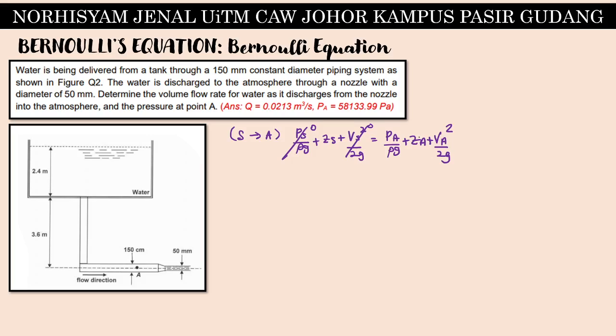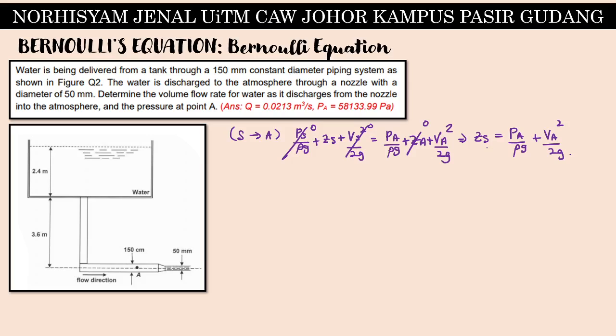ZA, we learned about the reference point just now. It's also 0. We need to find out what is PA. So we will end up with this equation. ZS is equal to PA over rho G plus VA squared over 2G.